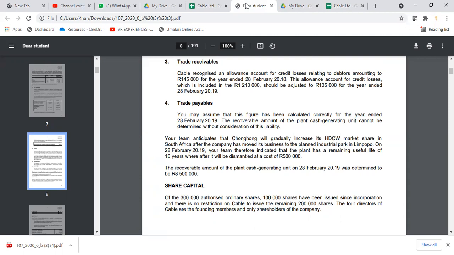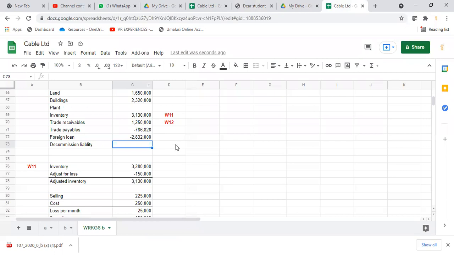Okay, so what we're going to have to do is work out the present value given this information and compare it to the present value of the original estimates. Okay, so let's have a look. So for the decommissioning liability, we're going to apply working 13.